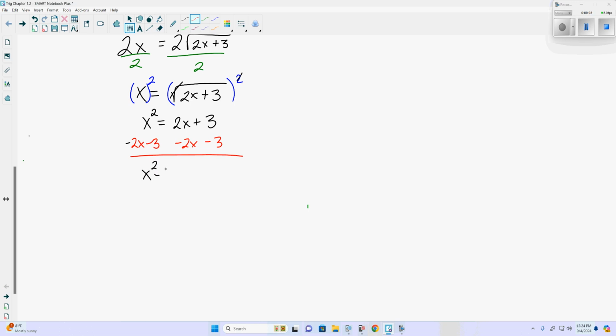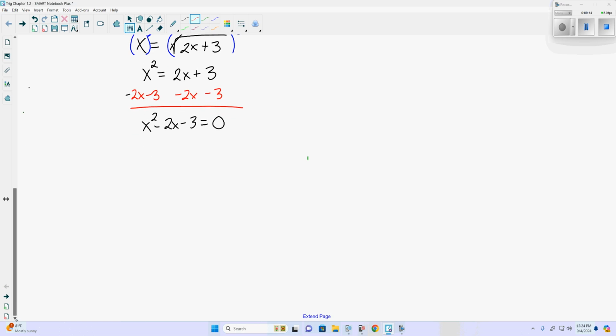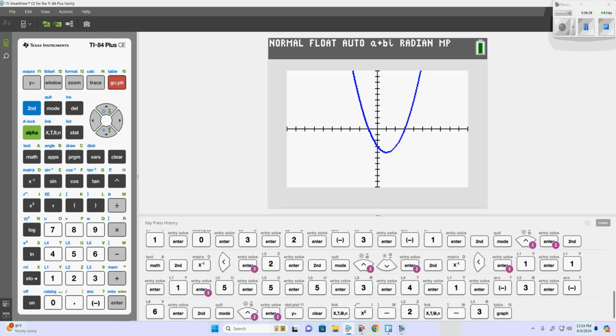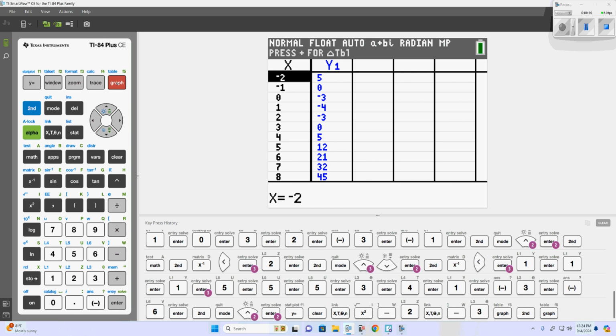Telling us that x squared minus 2x minus 3 is equal to 0. Now at this point we can graph this and get our solution, especially if we have access to a graphing calculator. X squared minus 2x minus 3. Second graph, negative 1 and 3.